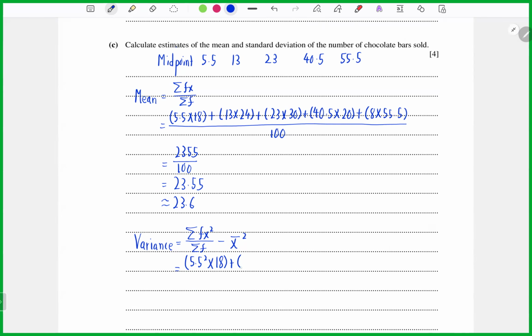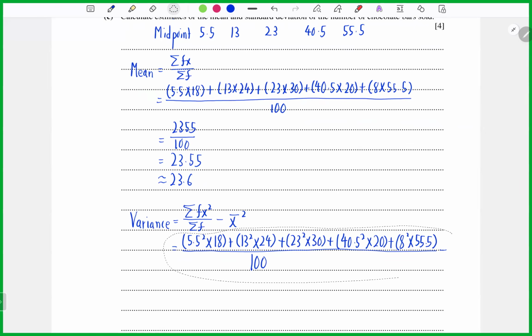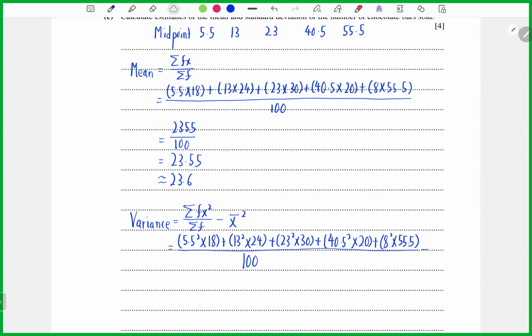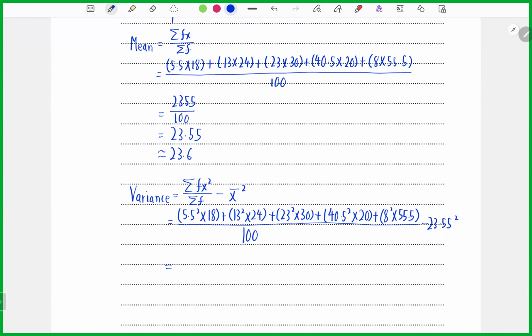Multiply 18 plus the rest, over 100, minus 23.55 squared.